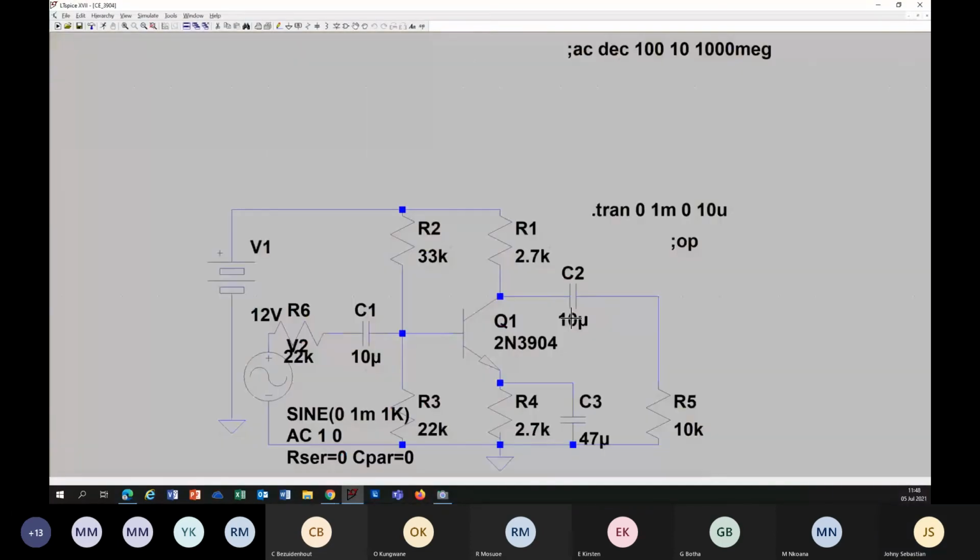This is a BJT amplifier. Can you see the LT Spice screen now? Yes, sir. Okay. This is one of the circuits that I did before.